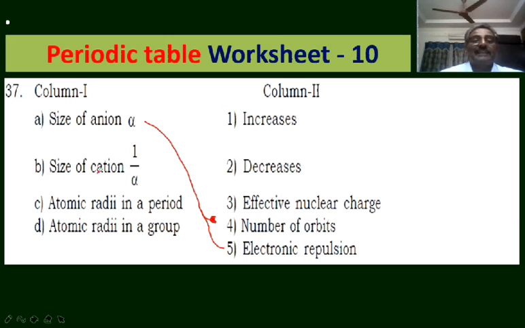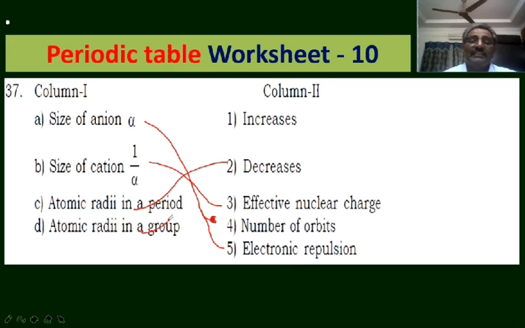Next, size of cation is inversely proportional to effective nuclear charge. Size of the cation decreases as the effective nuclear charge increases. So, B is to be matched with 3. Next, atomic radii in a period decreases.